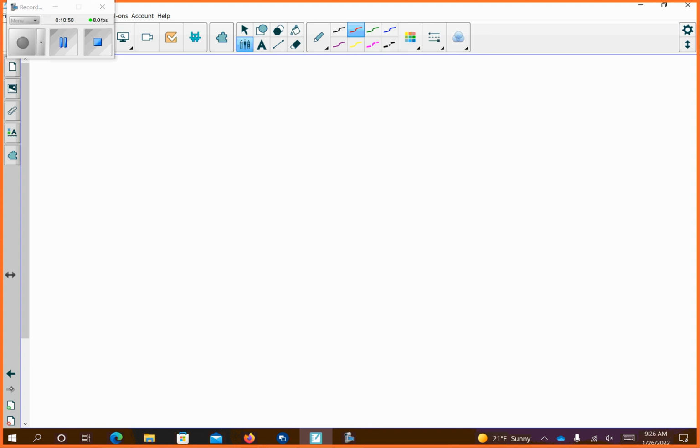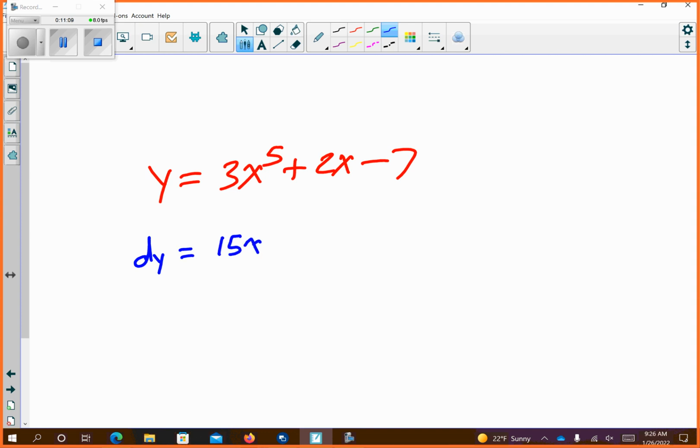You don't have to have this example written, but let's say I had y equals 3x to the fifth plus 2x minus 7. If I was to do the derivative, I would have dy equals 15x to the fourth dx plus 2 dx.